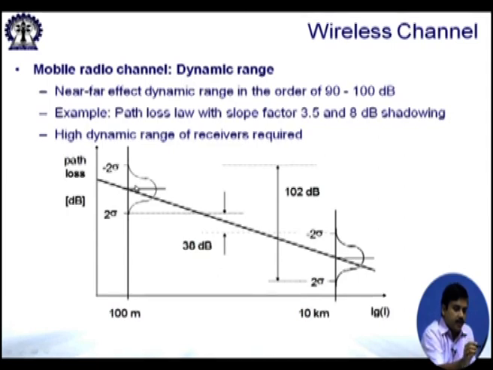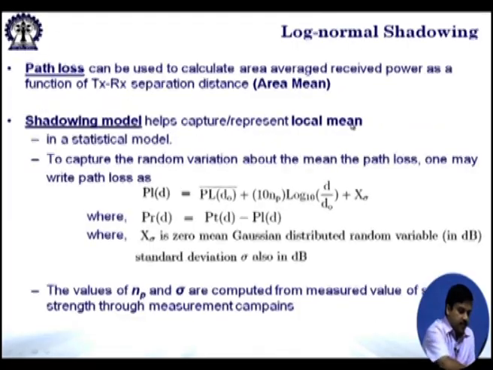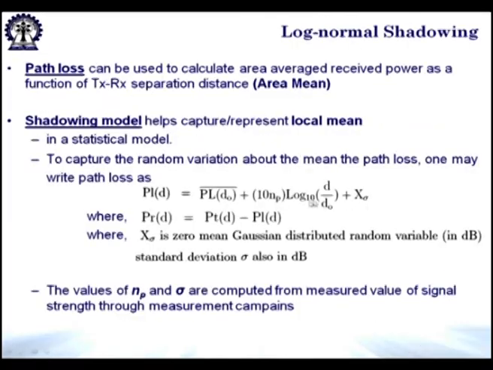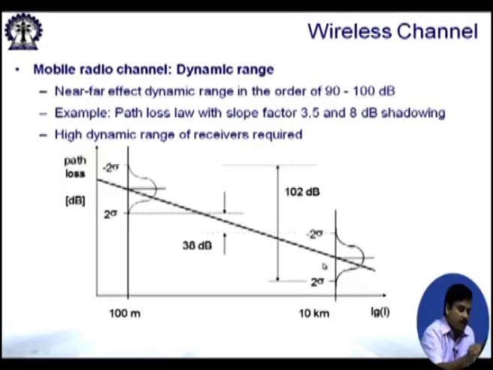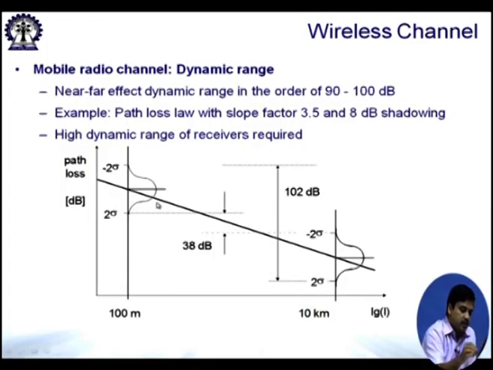And if we take the shadowing, which is the random component, and the sigma that we have just described, what we have assumed over there is n_p is 3.5, and this X sigma or chi sigma, which is Gaussian distributed in the dB domain, has a standard deviation of around 8 dB, as has been shown. So, this will result in further fluctuation of signal strength.